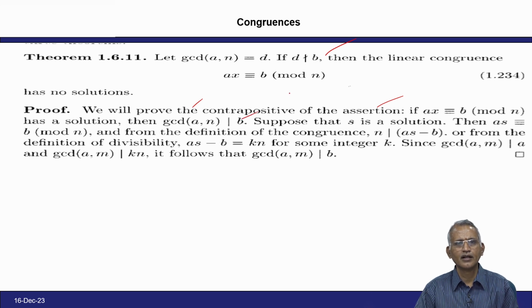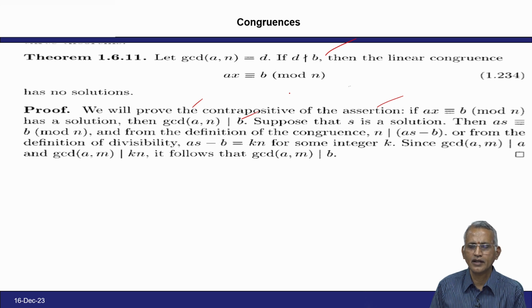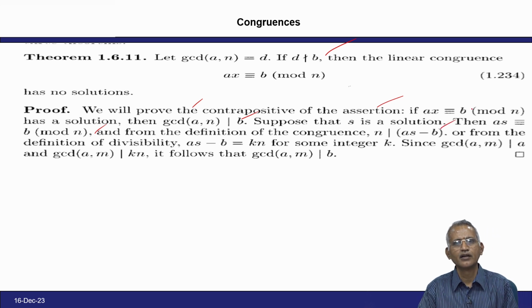Suppose that s is the solution, then we can write the linear expression in terms of congruences: as is congruent to b under modulo n. From the definition of congruence, n divides as minus b, or from the definition of divisibility, as minus b equals kn for some integer k.